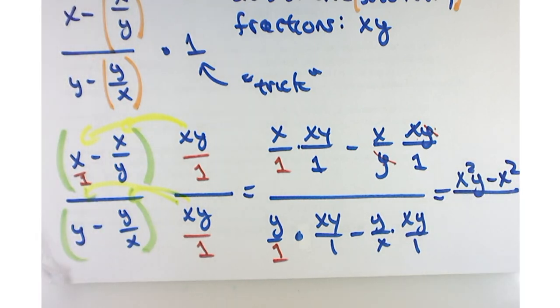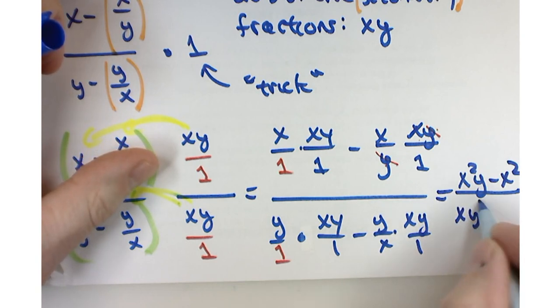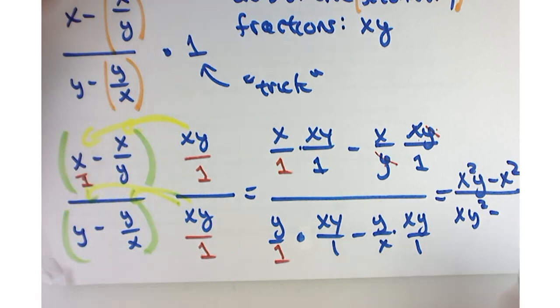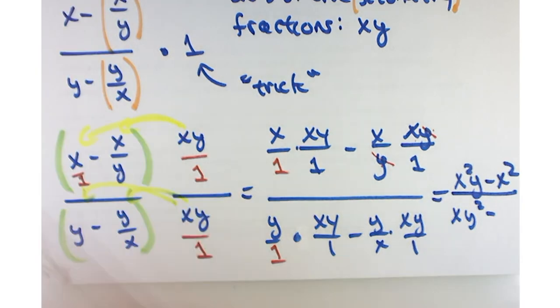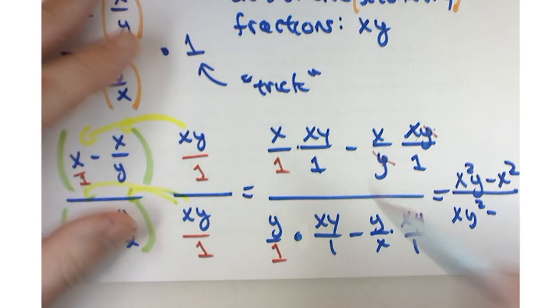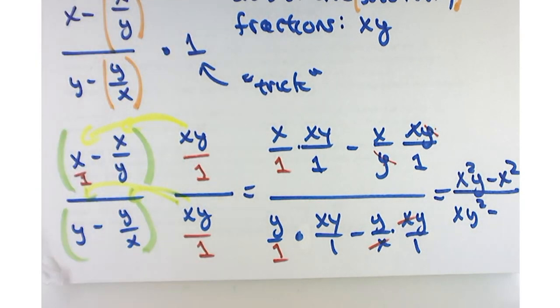And now let's simplify the denominator. Nick, what do I get when I multiply these terms together? XY squared minus y squared. Good, because the x's cancel each other out. X's, so y squared.